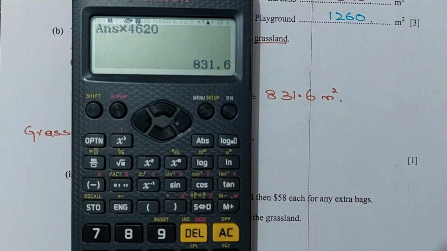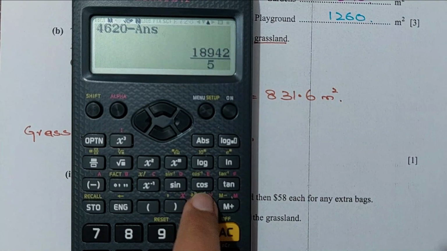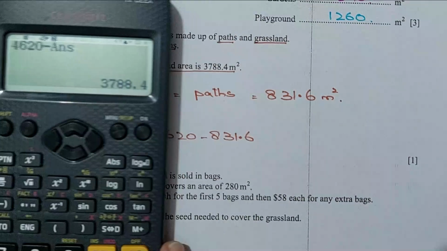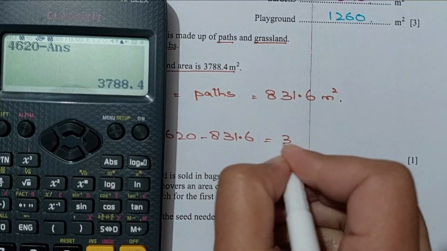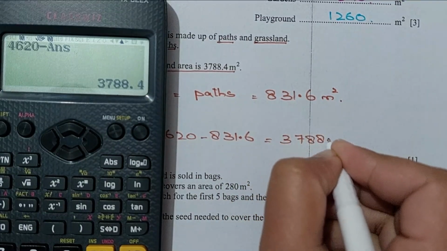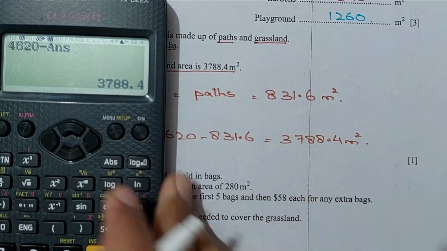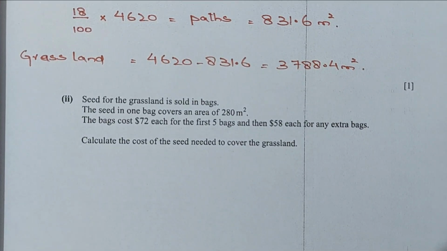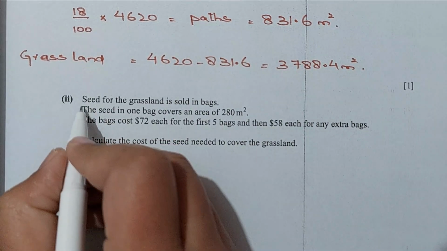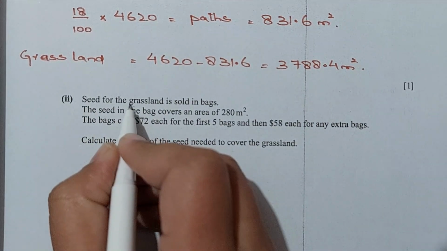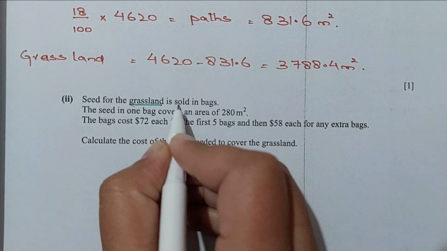Okay, 4620 subtract the answer, this would be 3788.4 square meters.